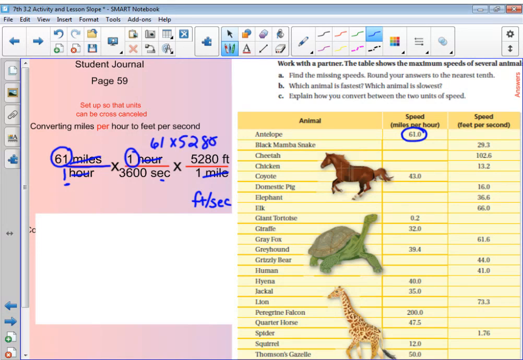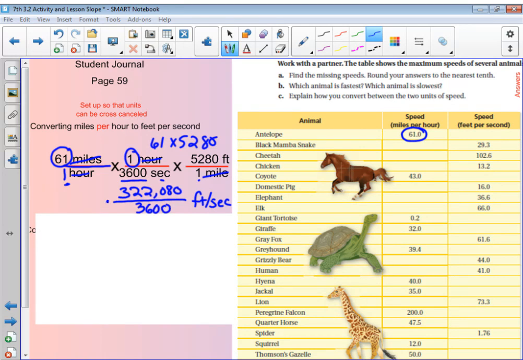Of course you can use a calculator for this. I'm not checking your longhand multiplication. So 61 times 5,280 gives me 322,080 as my top number. Over on the bottom I have 1 times 3,600 times 1, so 3,600 is my bottom number.